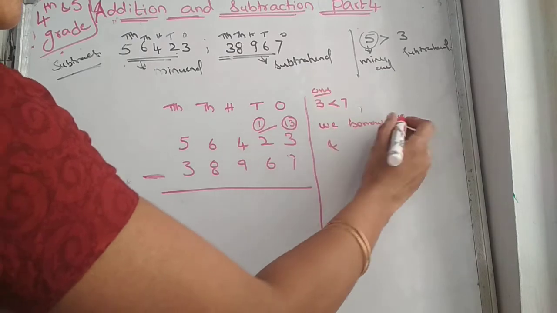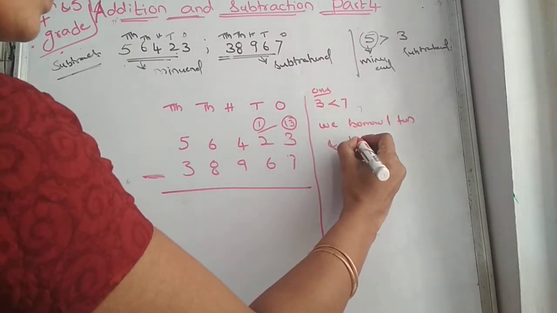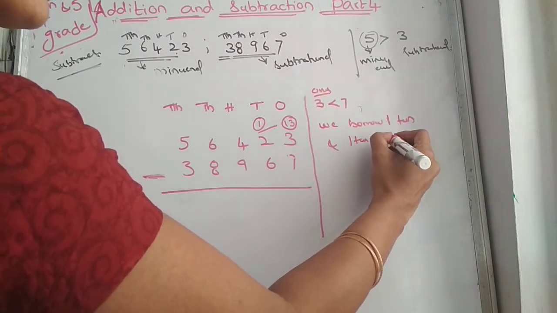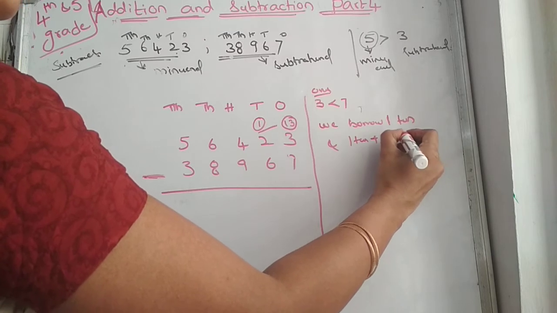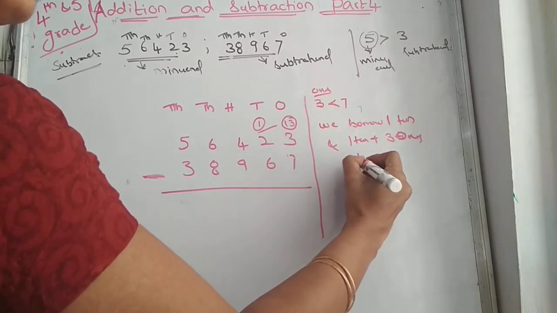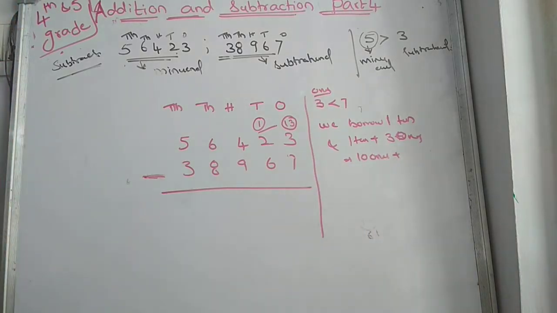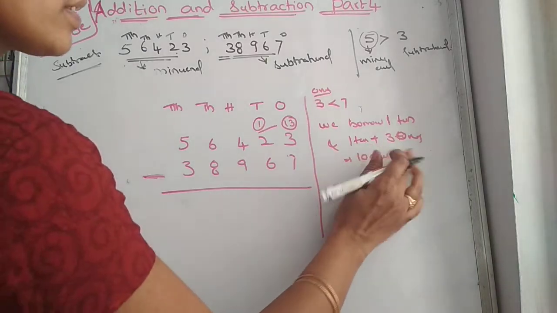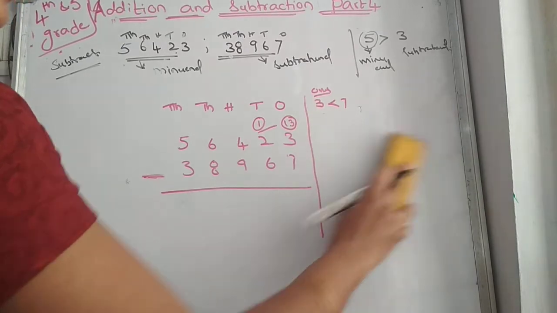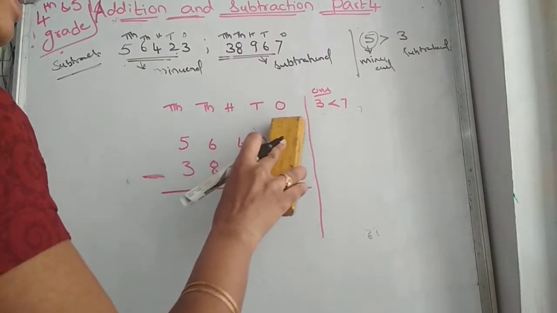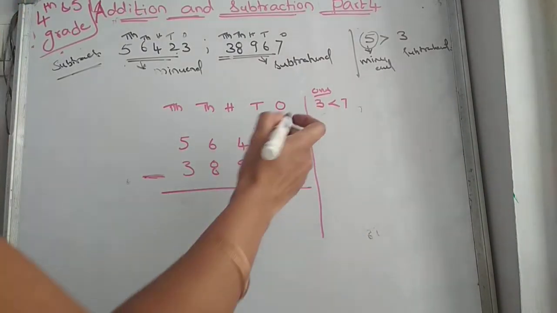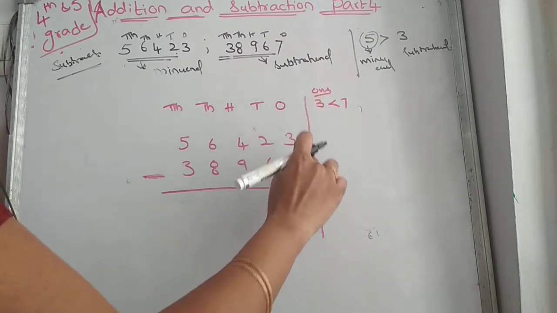So here, 13: how do we get it? 1 ten means 10 ones, plus 3 ones. Once again, I'll explain. What do we do? First, in the ones place, 3 is less than 7.